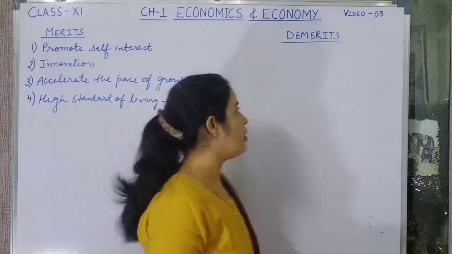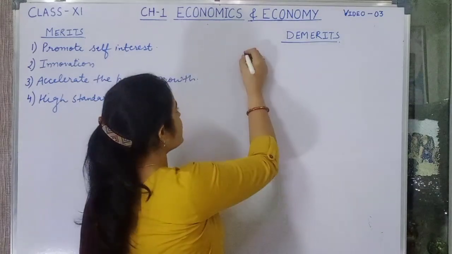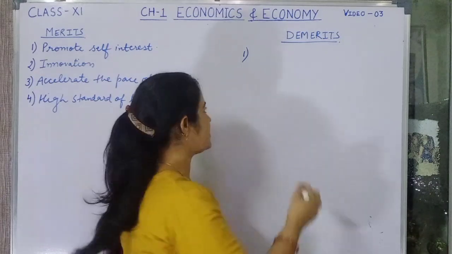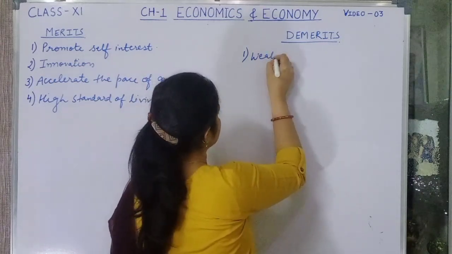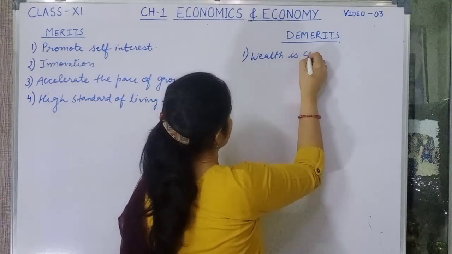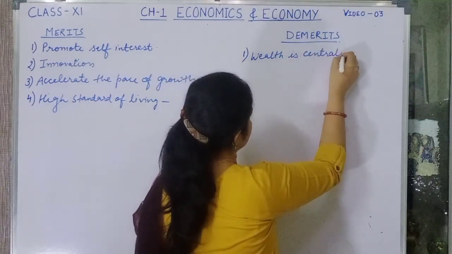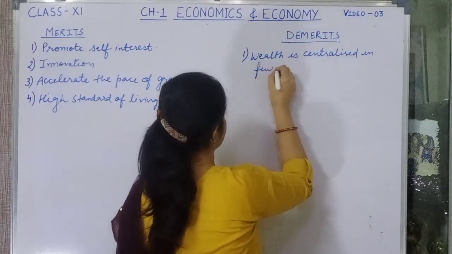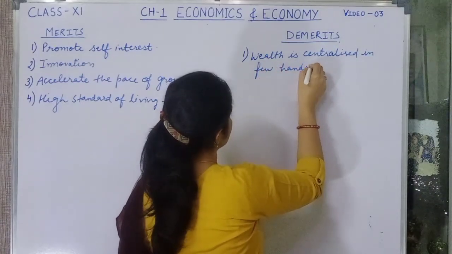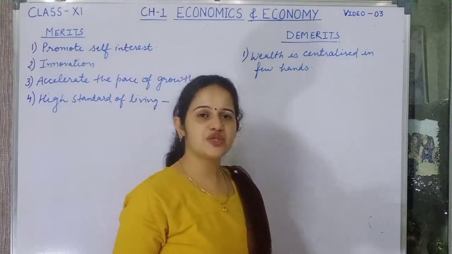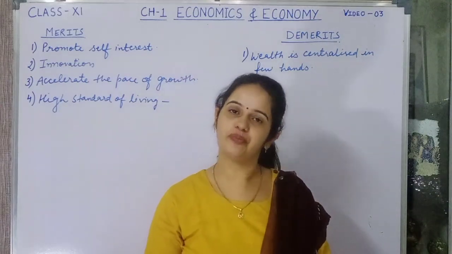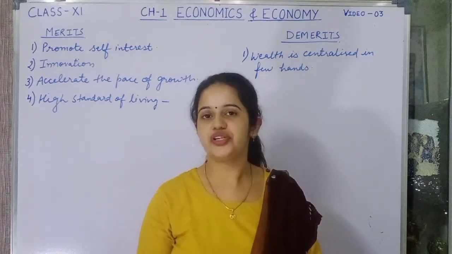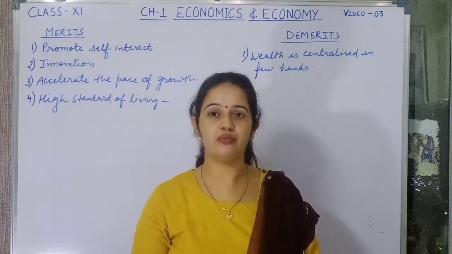Now we'll talk about some demerits. First demerit is wealth is centralized in few hands. Because in capitalist economy, management and control are in the hands of private individuals, so richer become more rich and poor become more poor.